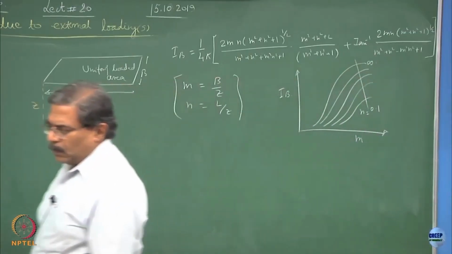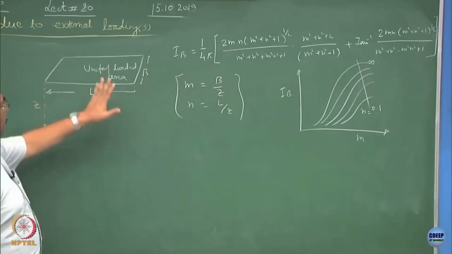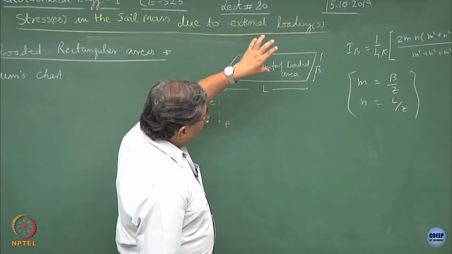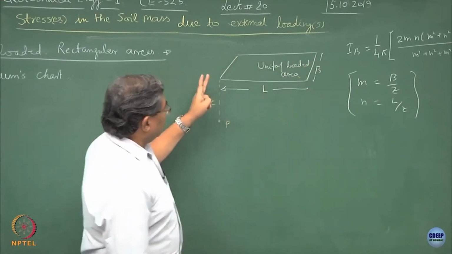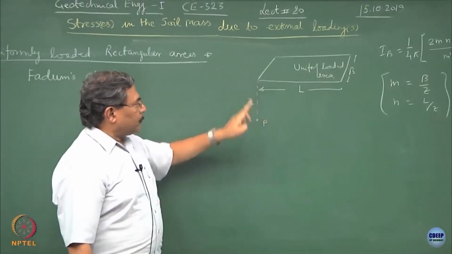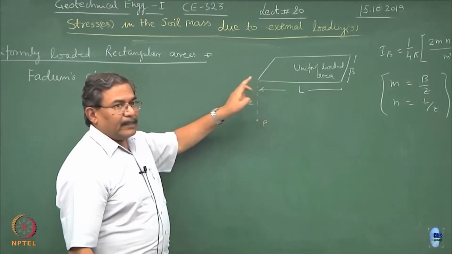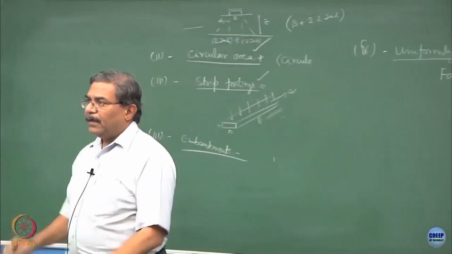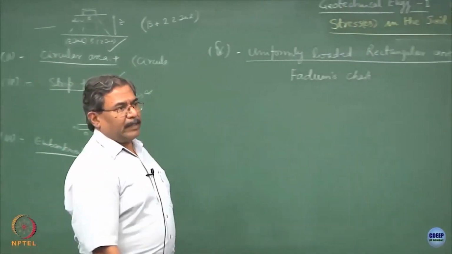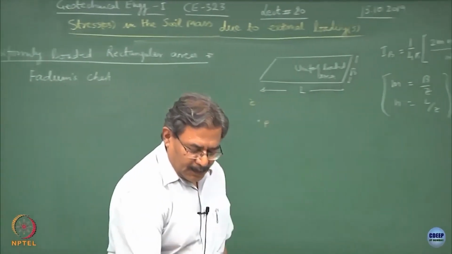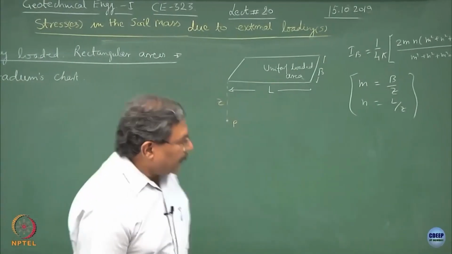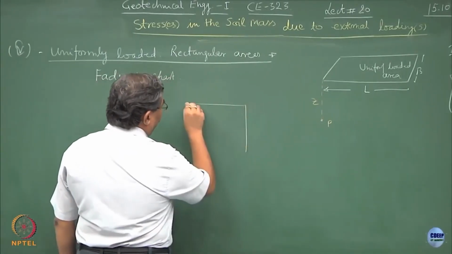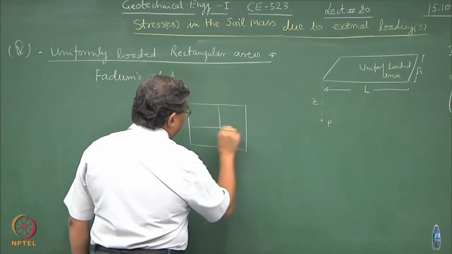Alright. This is a peculiar solution, one of the solutions I would say. If you have a uniformly loaded area of B and L, and you have to find out the state of stress exactly at the edge or the corner point of the loaded area, alright. Manipulations can be done in several ways.